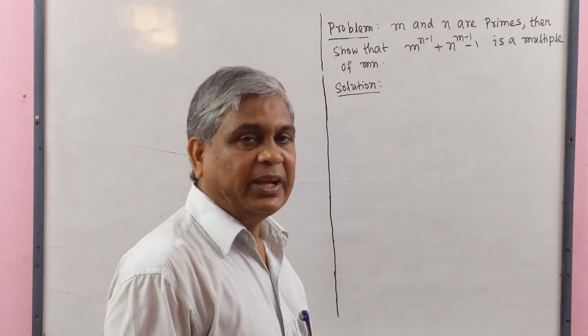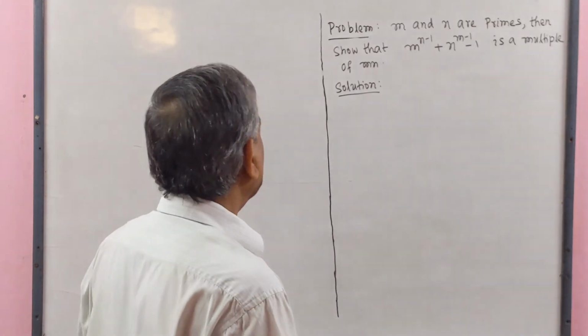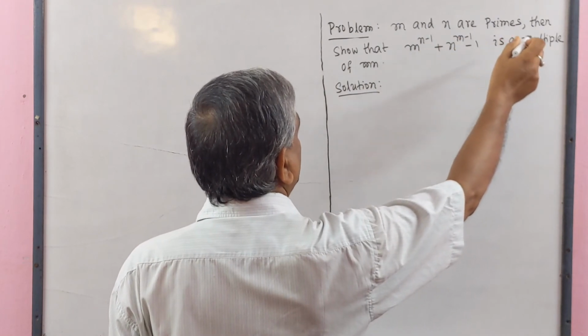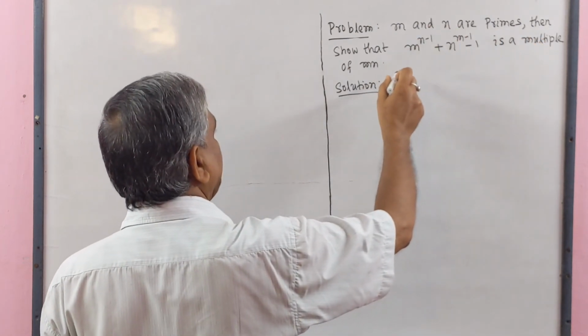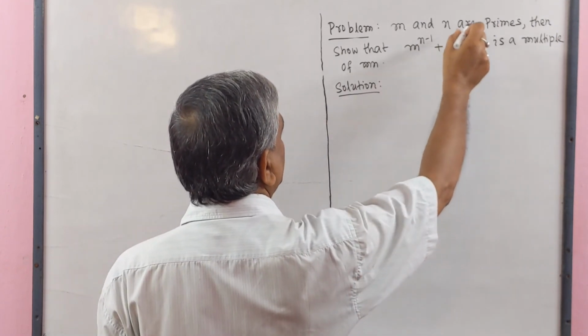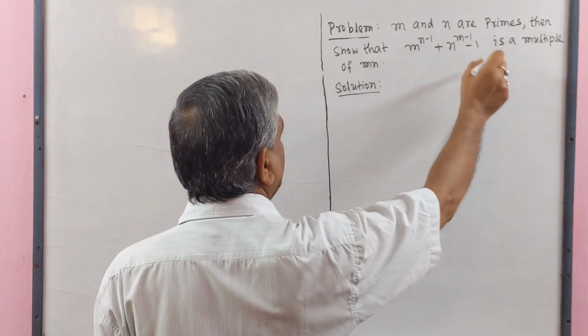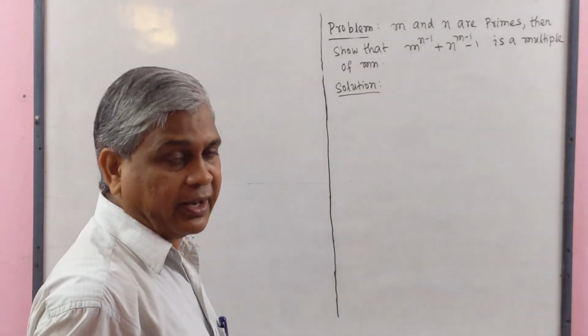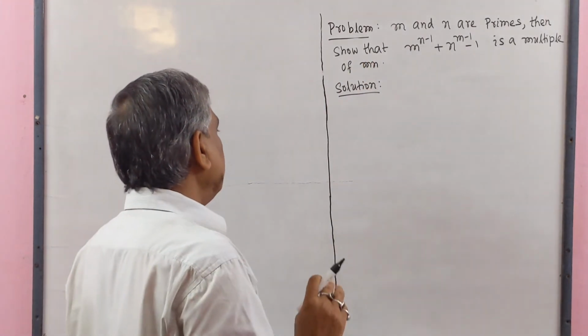Now we solve the next problem. The problem is: m and n are primes, then show that m to the power n minus 1 plus n to the power m minus 1 minus 1 is a multiple of m multiply n. Now we solve this.